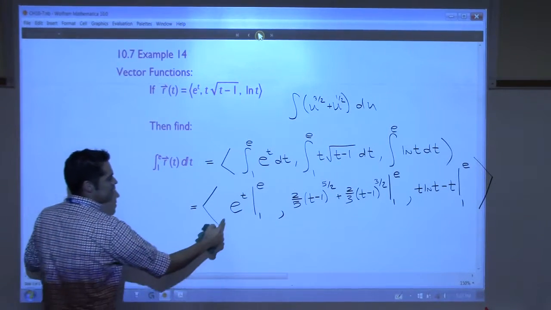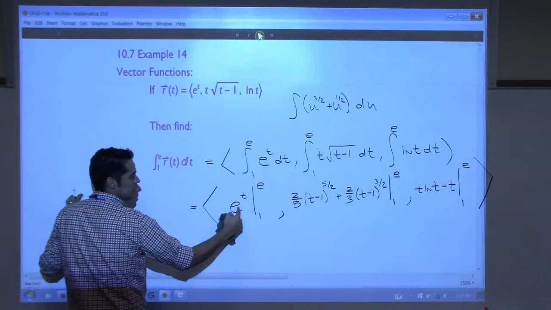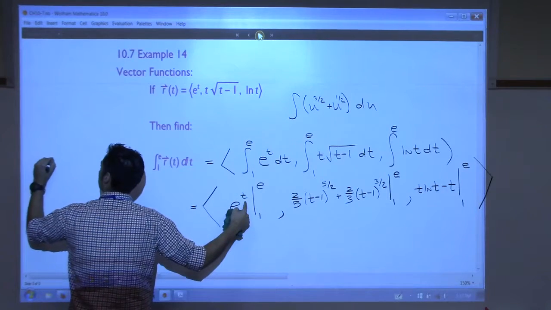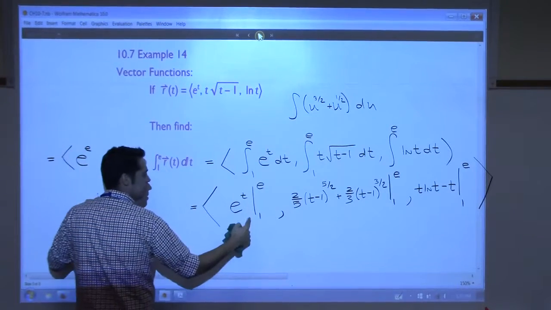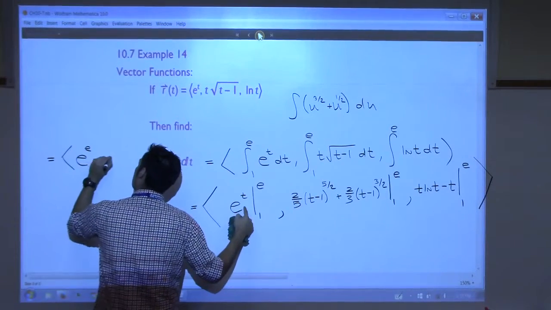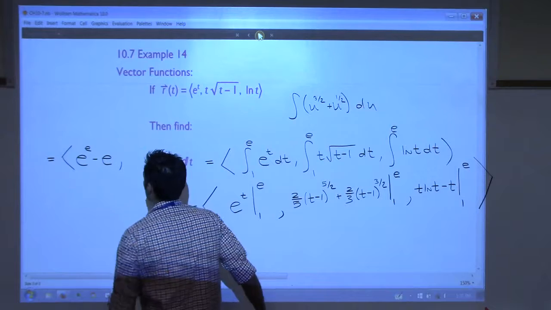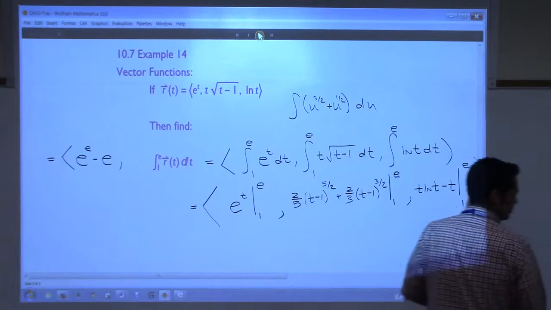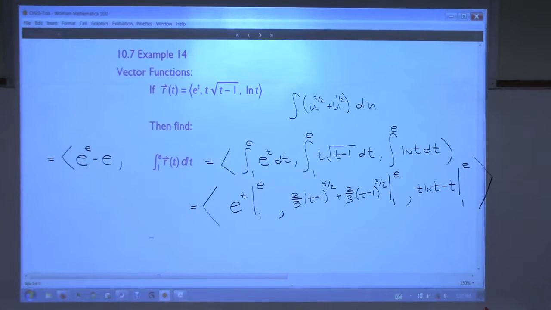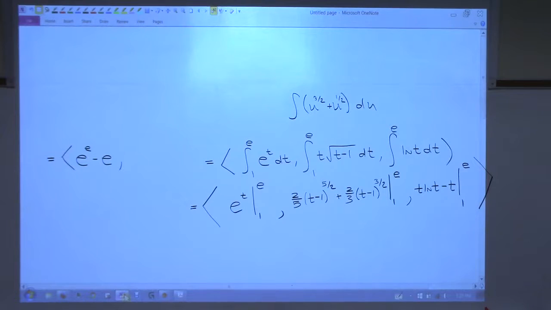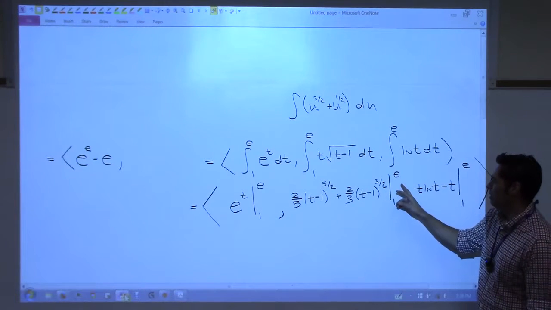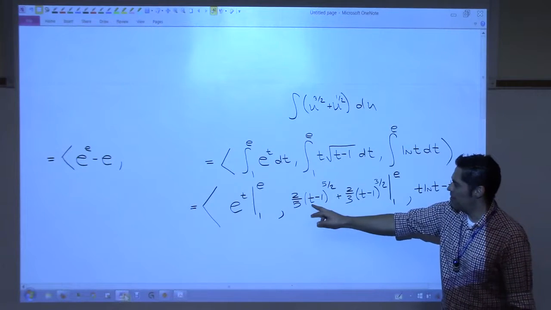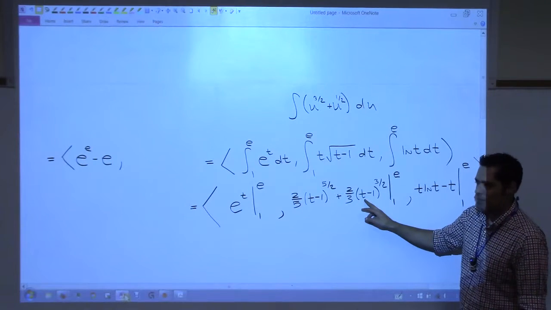So what is this? Plug in e first, right? e to the e, minus, now plug in 1, e. Right? What's next? Oh, crap, that's ugly. e goes in here, e goes in here, right?